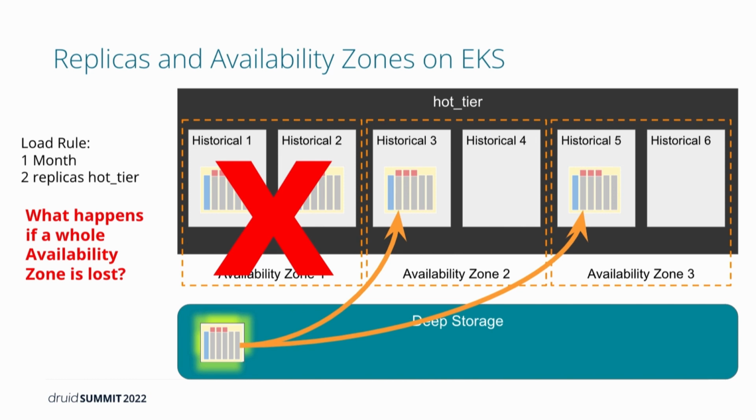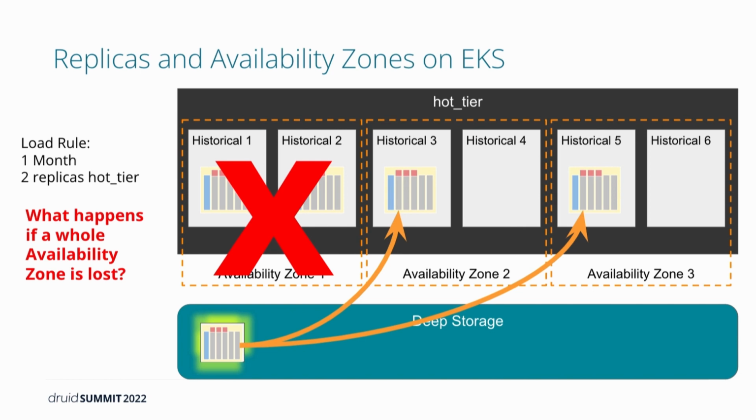Now, the problem is that between those 2 things, during that time where the coordinator hasn't yet asked for a new copy within the remaining historicals, the broker could see this as data that's not there, right? The broker relies on the data that the historicals are reporting that they have, and because we lost that availability zone, those historicals don't exist anymore.